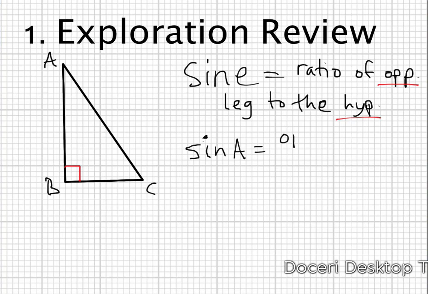So I do the opposite leg over the hypotenuse. So if I'm going from angle A, I go opposite leg, which would be BC, over my hypotenuse, which would be AC.